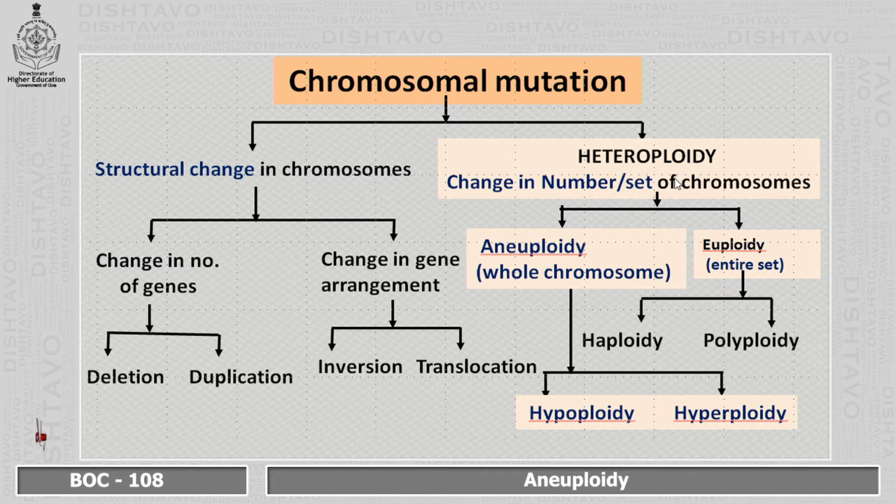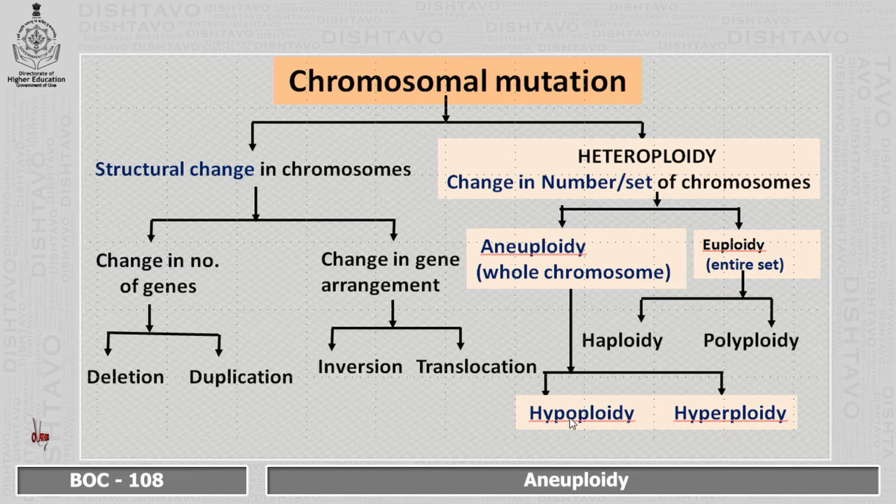So, heteroploidy is a change in the number of a chromosome or maybe the whole set. That consists of aneuploidy and euploidy. Aneuploidy involves when an entire chromosome is less or extra. Depending on that, it is further classified as hypoploidy and hyperploidy.